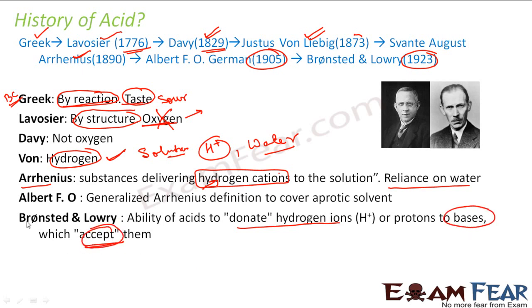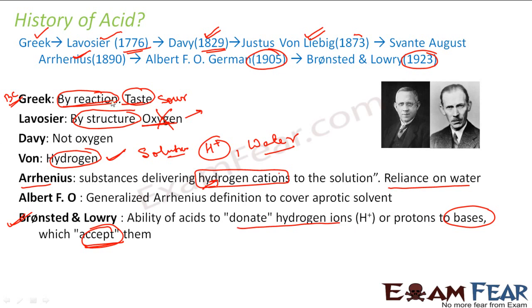So Bronsted and Lowry, they're two people actually, in 1923, came up with the best definition of acid and base, and it is not very old, almost 90 years old from here, right? They came up with the definition that anything that can donate hydrogen plus ions is called acid, and anything that accepts hydrogen plus ion is a base.